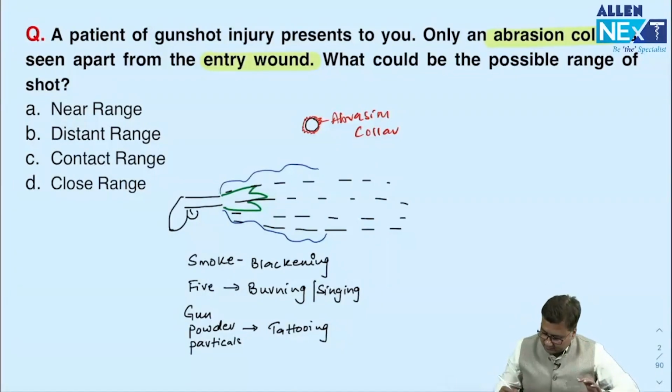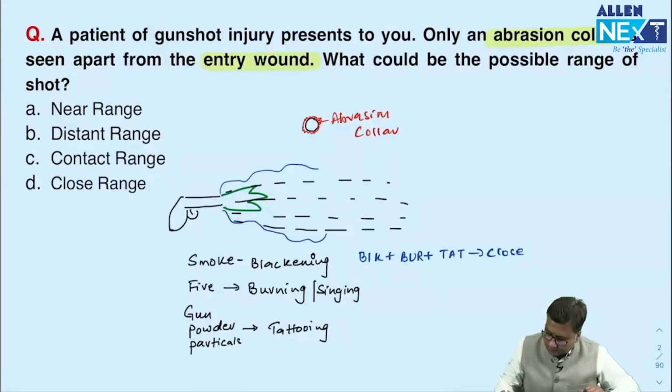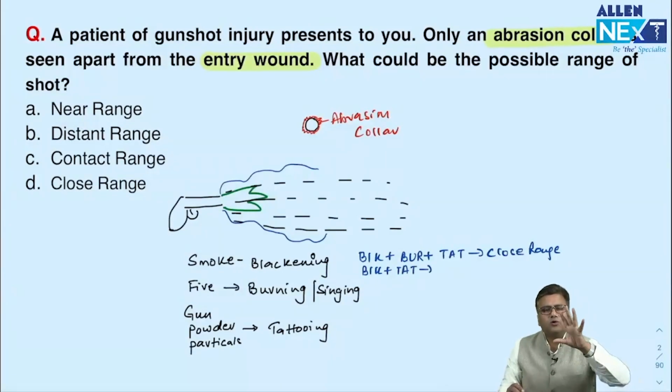If blackening plus burning plus tattooing is present, we are talking about close range. Okay. If there is blackening plus tattooing, that is no burning is present, it means that fire could not reach the person.